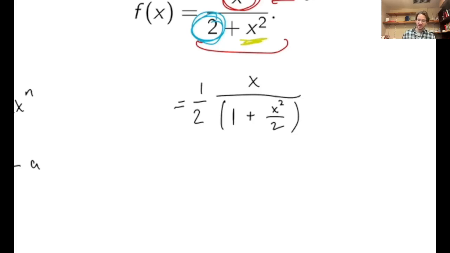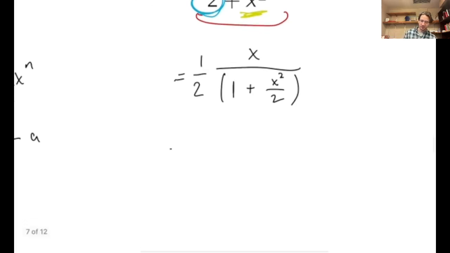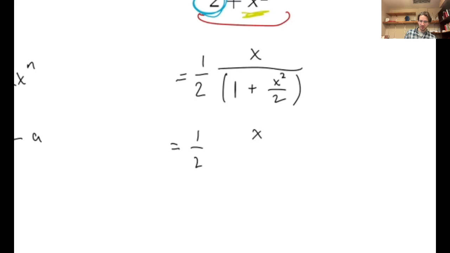All right, so now I have a 1 in that first place in the denominator. That's what I want. But I've got a plus x squared over 2, and I want it to be minus blank. So what I'm going to do is put a minus there. A plus is a minus a minus, right? So plus x squared over 2 is the same thing as minus negative x squared over 2.